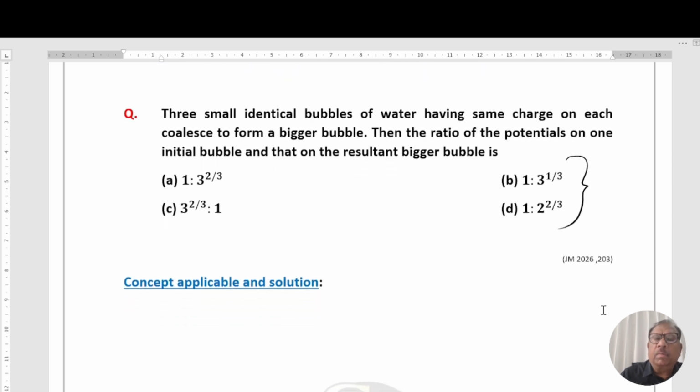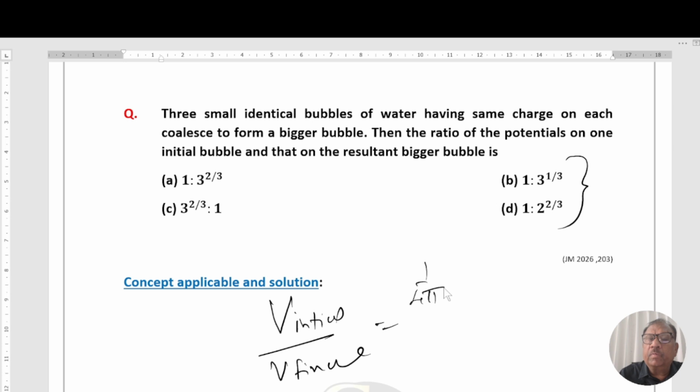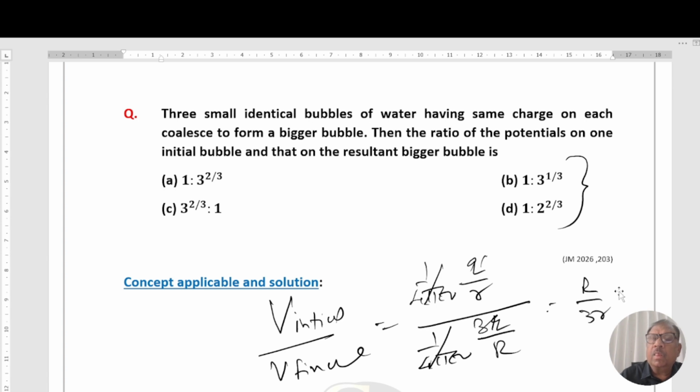So for one of the initial bubbles, V initial upon V final, that is 1 over 4 pi epsilon naught Q upon r, upon 1 over 4 pi epsilon naught 3Q upon capital R. On simplification, R upon 3r.